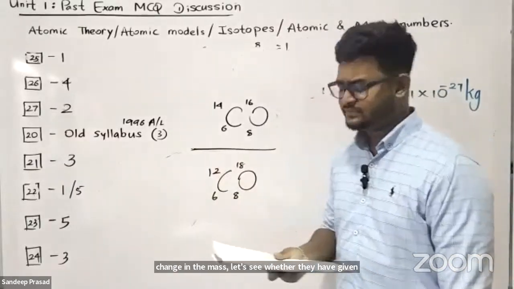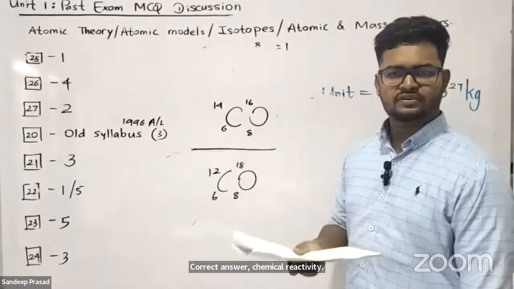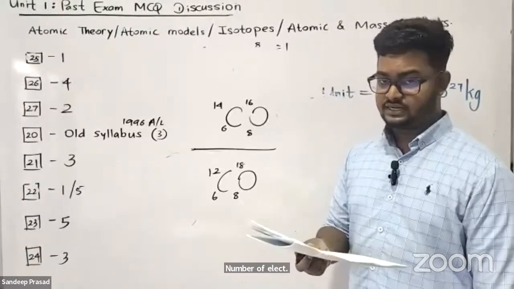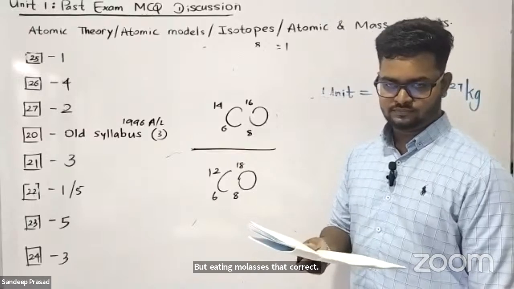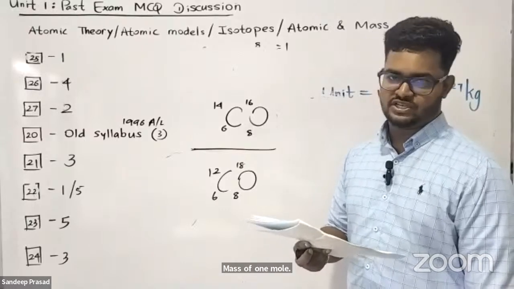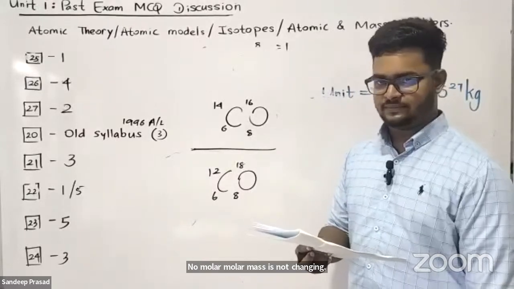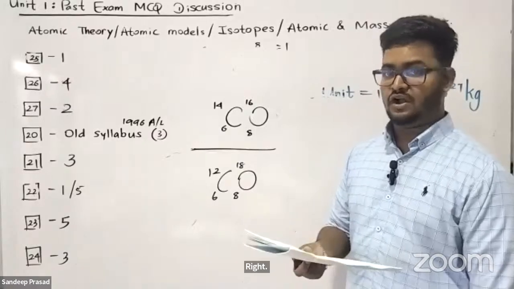Chemical reactivity is the same because of the same number of electrons. Molar mass, what do you think? Molar mass is the mass of 1 mole. No, molar mass is not changing. For carbon monoxide, when we take the average value, the molar mass is the same, right? Because there we are considering the mass of 1 mole.